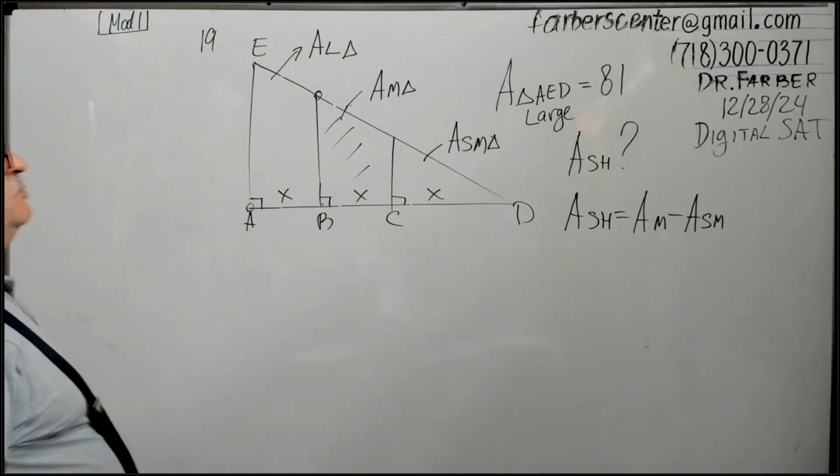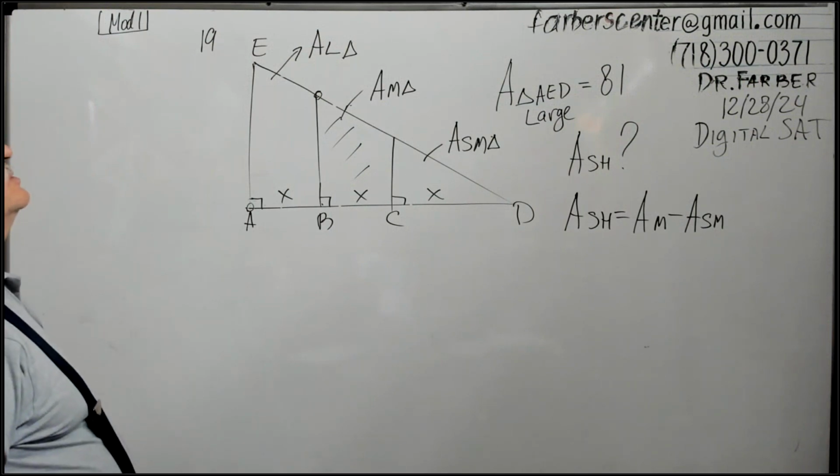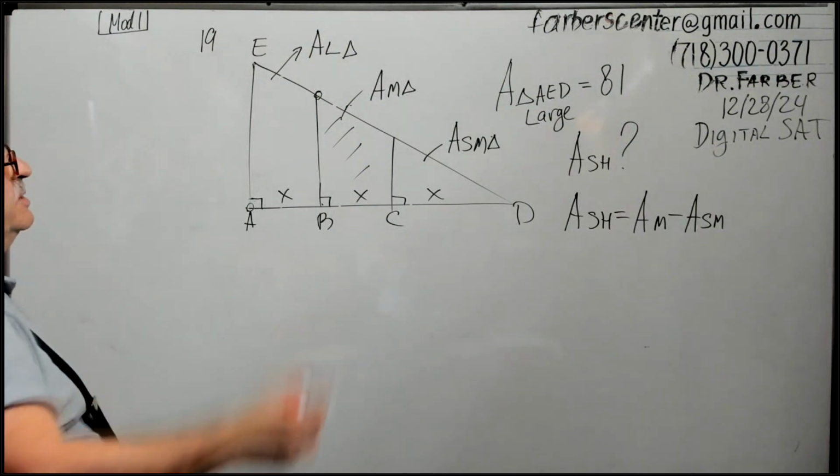And you know, if two shapes are similar, then the ratio of their areas equals the square of the linear ratios. We did it many times. All of them are similar triangles.